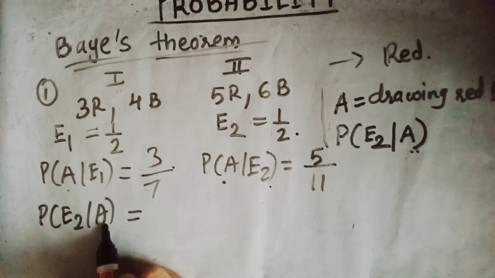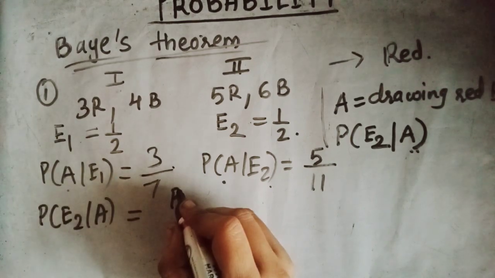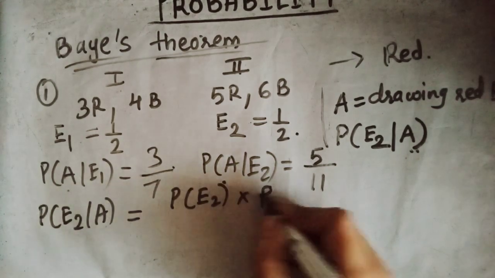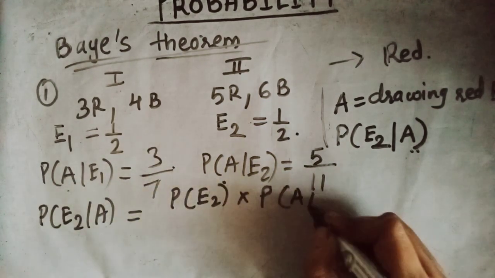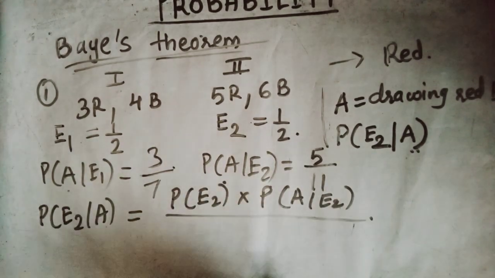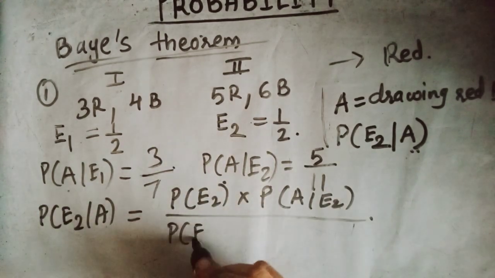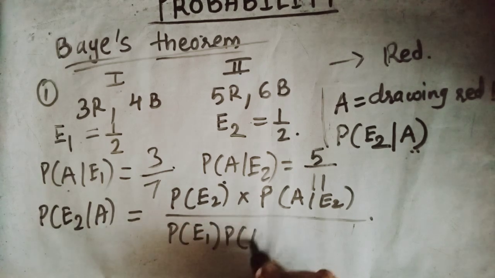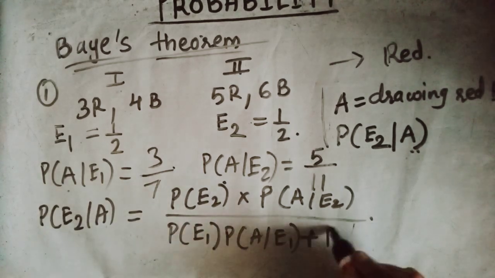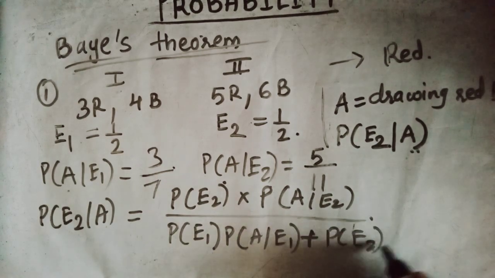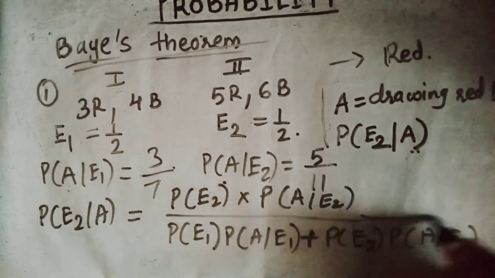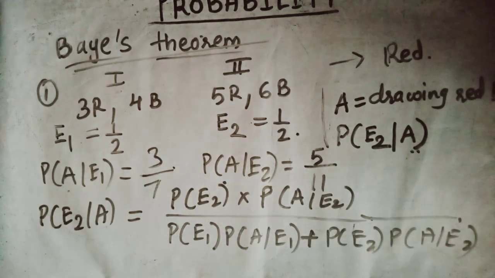So for E2 and A, it will be P of E2 into P of A over E2 upon the addition of both, that is P of E1 P of A over E1 plus P of E2 P of A over E2. Then you have to find the total.